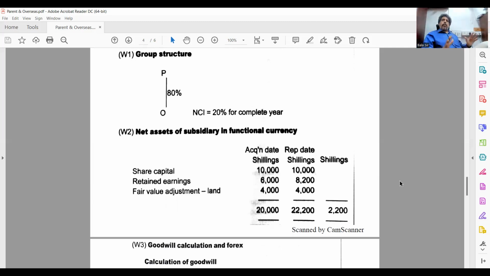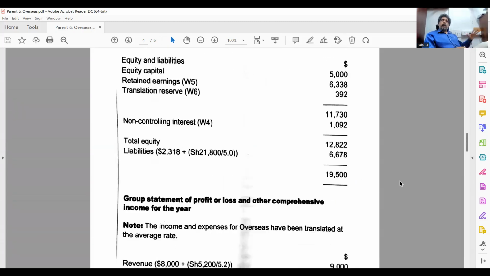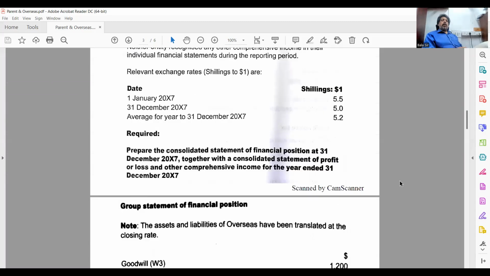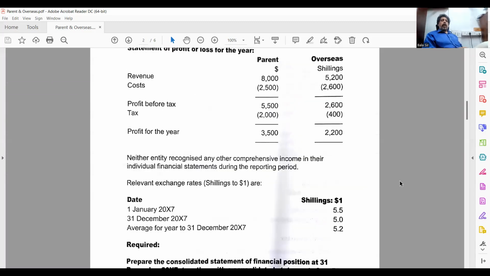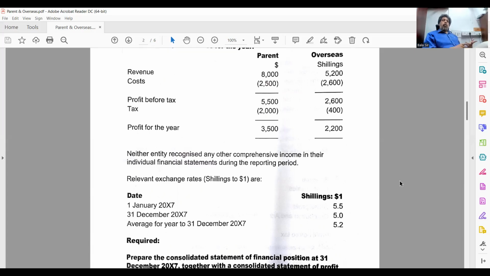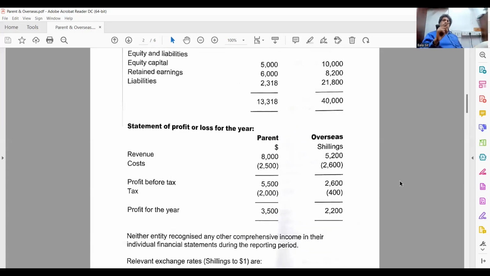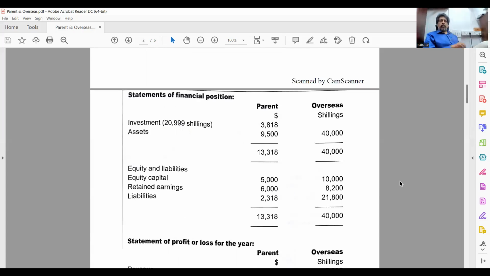The entire profit made in the current year is what? Post acquisition profits. Now tell me, what is the profit in the statement of P&L under overseas? You can take profit for the year 2,200 straight away, or you can go to the balance sheet. What is the retained earnings given under overseas at the year end?